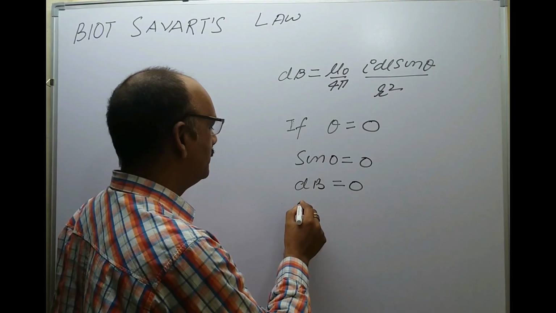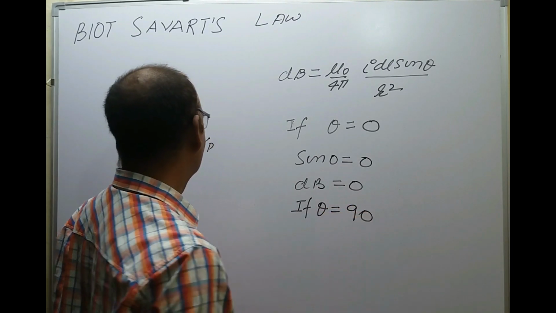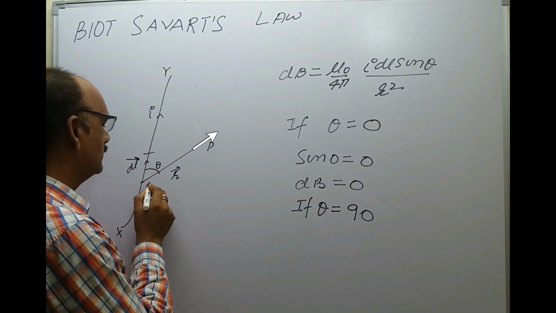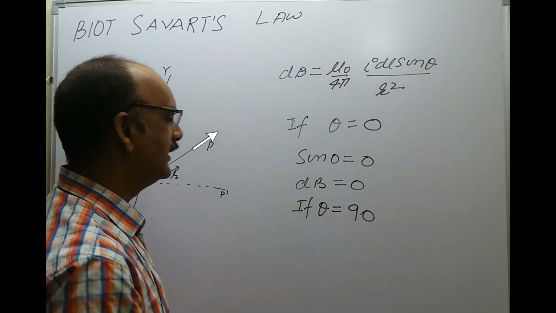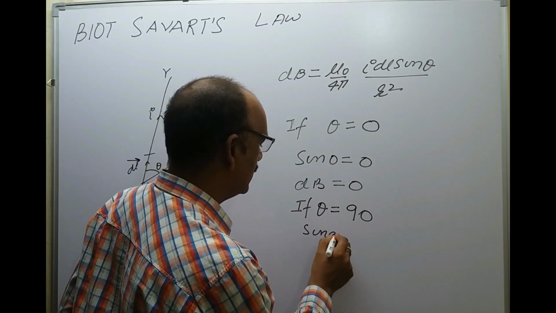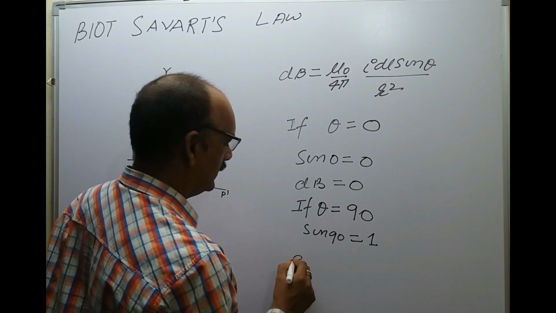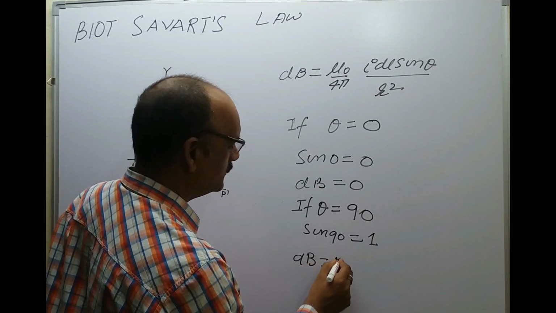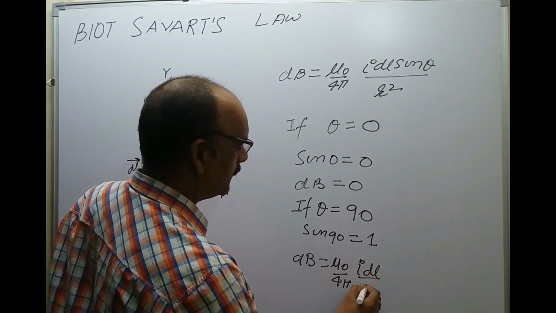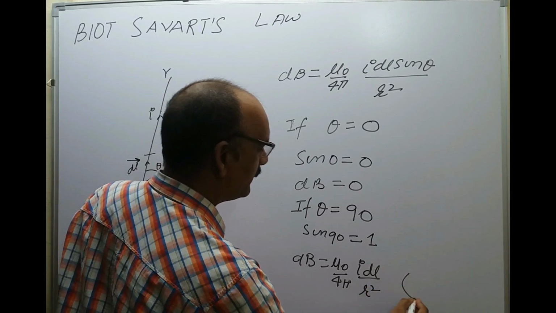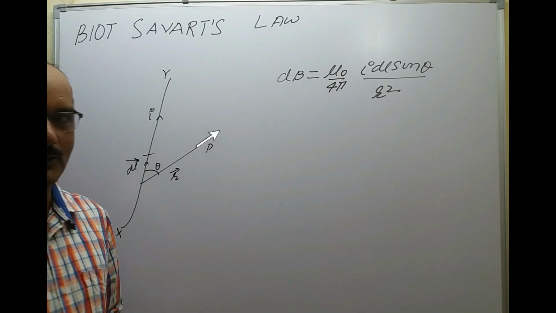Next, if theta equals 90 degrees, that is, if this point P is lying here, in that case sin 90 equals 1 and dB equals mu naught upon 4 pi I dl upon r square, that will be maximum.